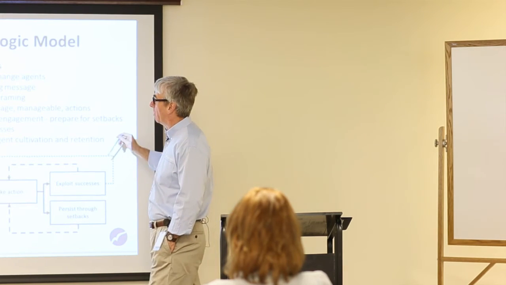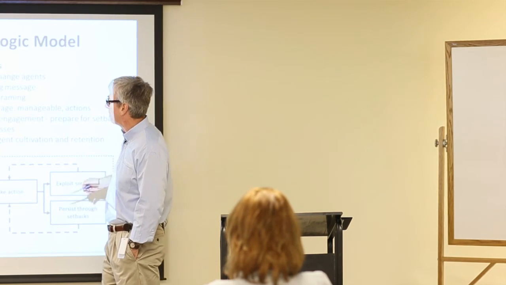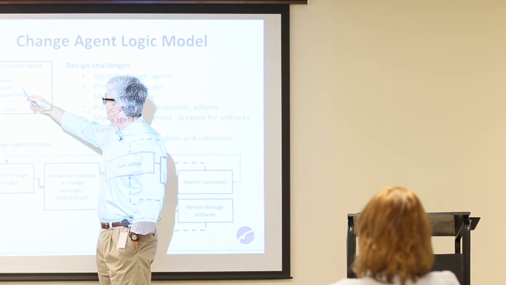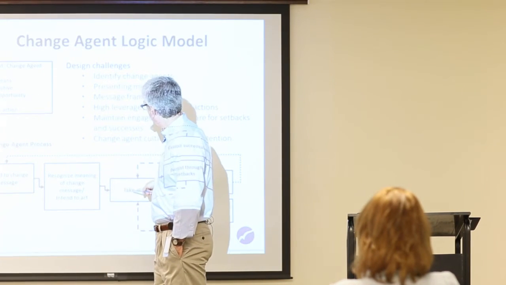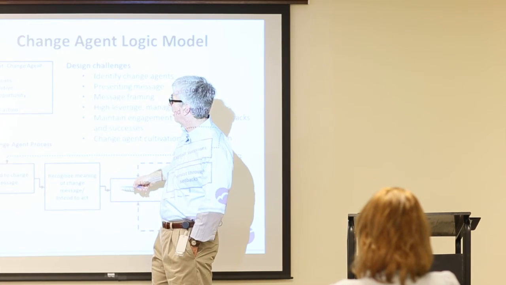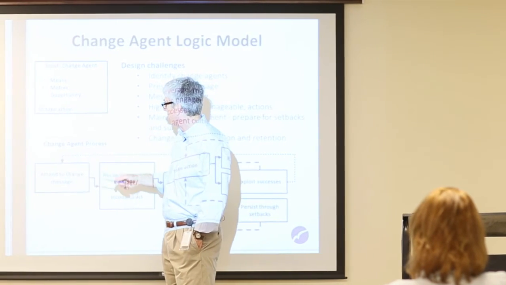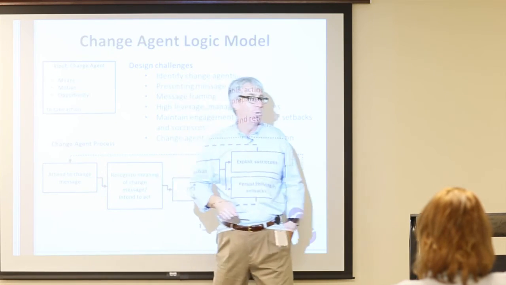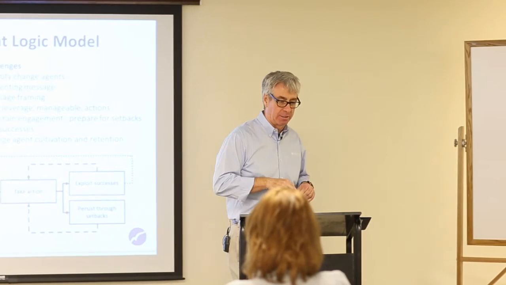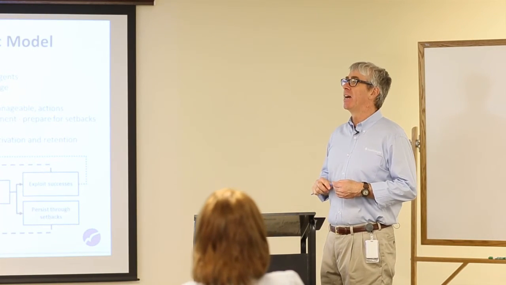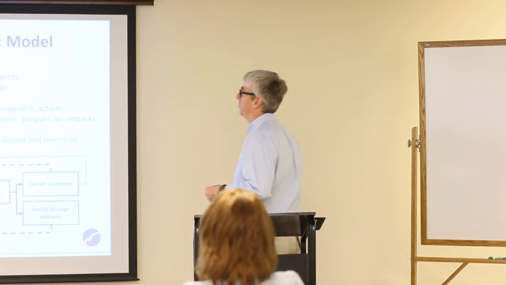All right, now this is our process. If we could identify a change agent that has some connection to reasonable actions, here's the kind of things that they have to attend to, here are their tasks or steps, for our change message. All right, it's a design challenge.